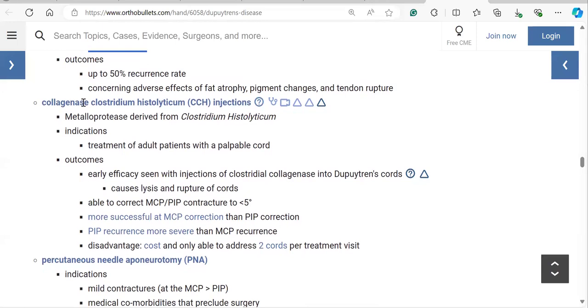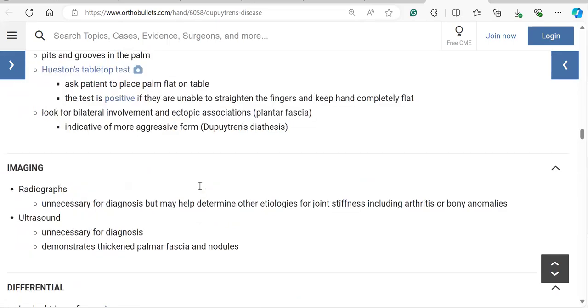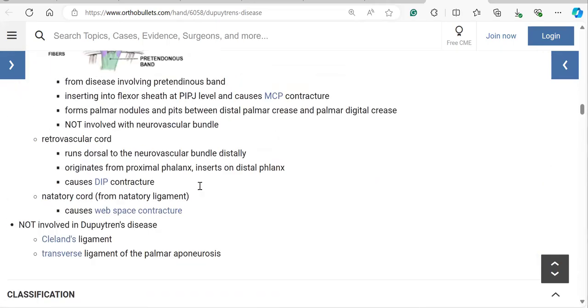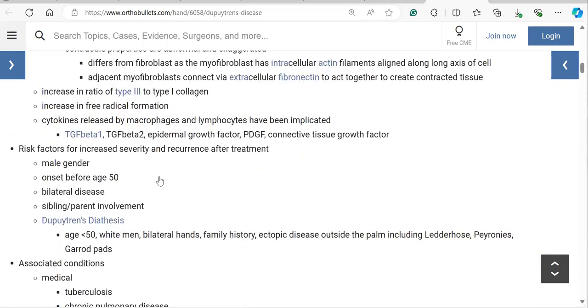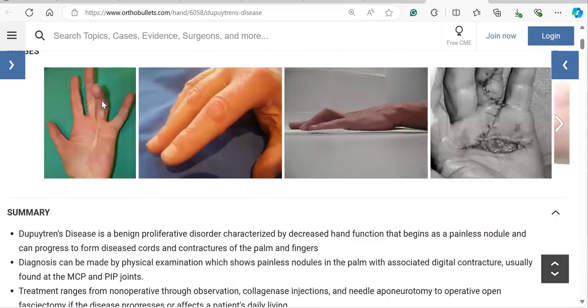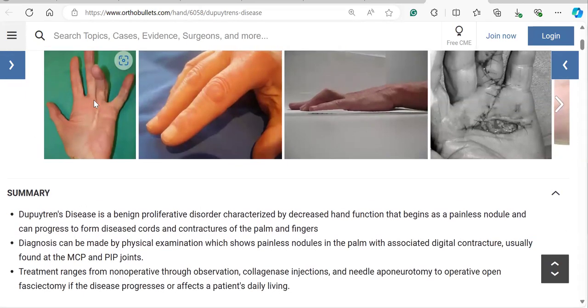Now, collagenase injection is a very good way to treat this, especially if the patient has mild contracture. So if a patient has MCP contracture rather than PIP contracture, in that case you can go for this collagenase injection. So what do I mean by it? This patient has contracture of the metacarpophalangeal joint, right?